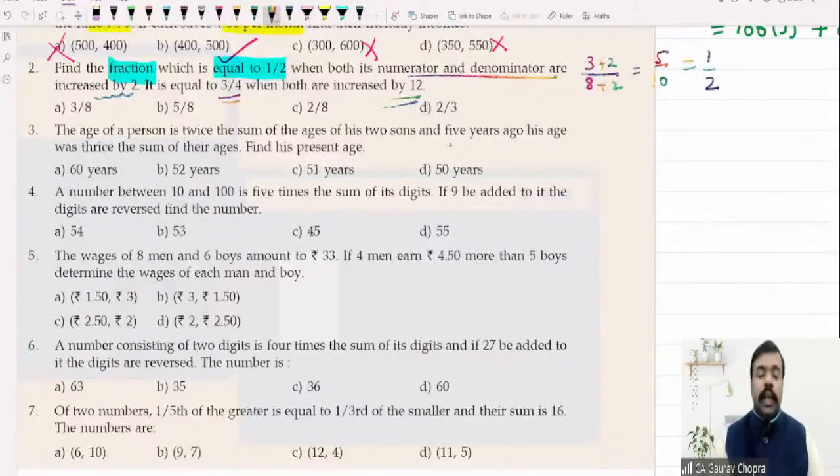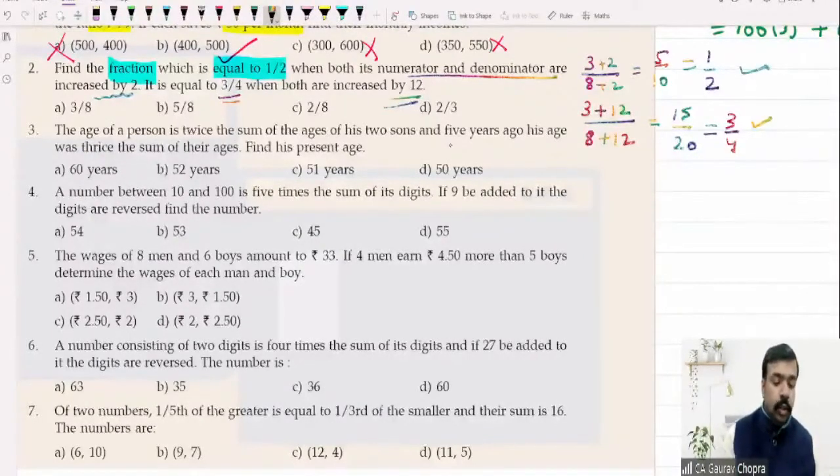If we are increasing by 12, 3 plus 12 upon 8 plus 12, this time we are getting 15/20, that is 3/4. Yes, the second condition is also getting satisfied. Hence, the correct option is option number A. For the second, the correct answer is A.